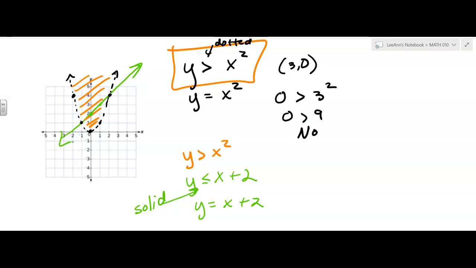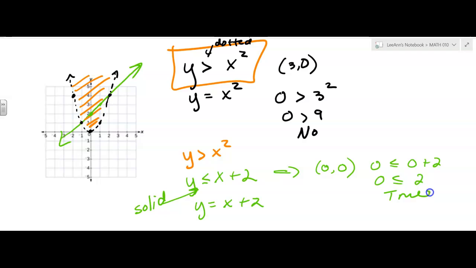You might say, oh, we did a parabola and a line and there are points of intersection. True, but these are inequalities. The points of intersection are important, but we have to graph these and show the area that satisfies the system. I'm going to pick a point not on the line. This time I can pick 0, 0. 0 is less than or equal to 0 plus 2, so 0 is less than or equal to 2.